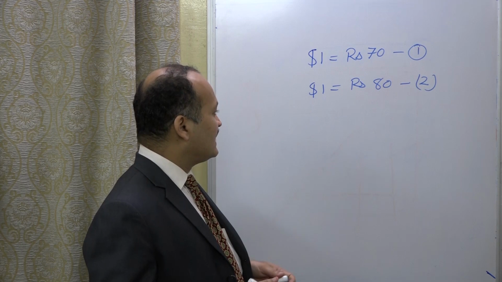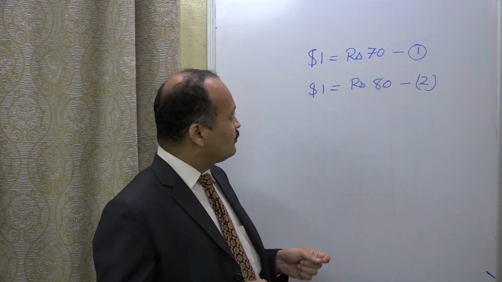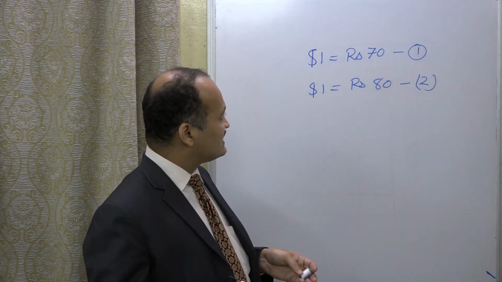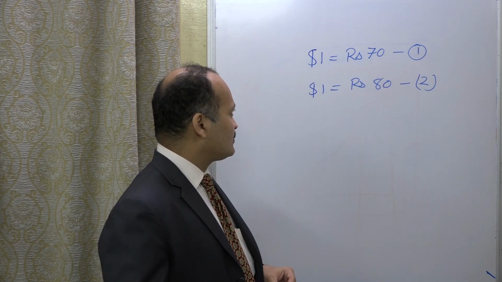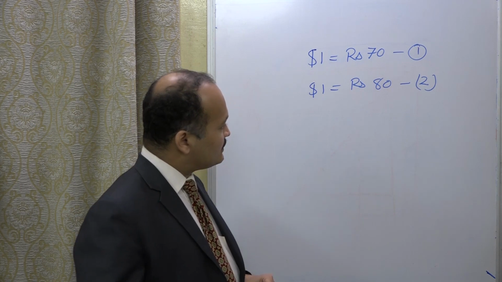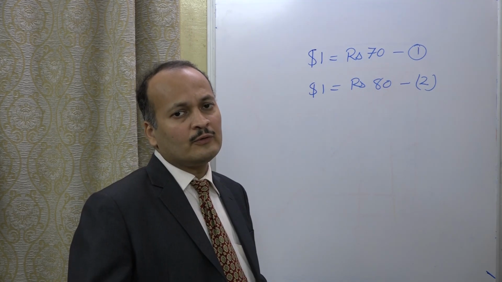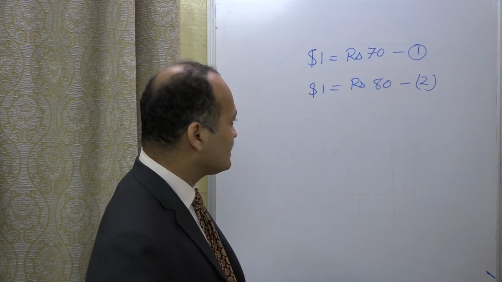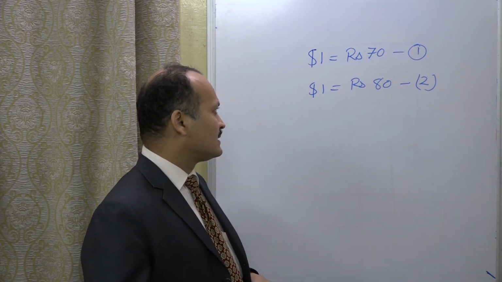To appreciate that, we need to depict exchange rates as per the definition. The definition is how many units of foreign currency I can get per unit of domestic currency.